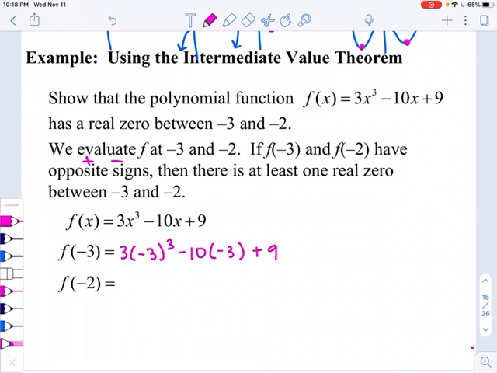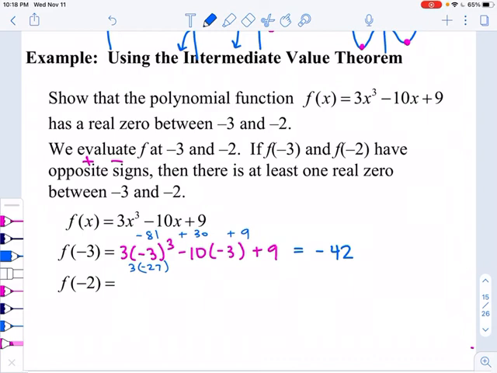Let's simplify that down. -3 to the third power is -27. So 3 times -27 is -81. Minus and a negative is going to be plus 30. And then we're going to add 9. So -81 plus 30 plus 9, we're going to end up with -42.